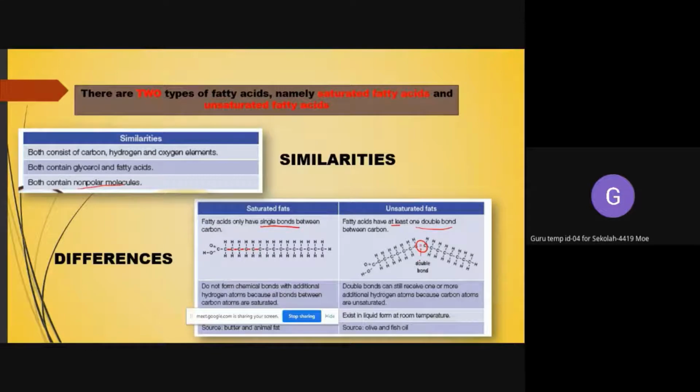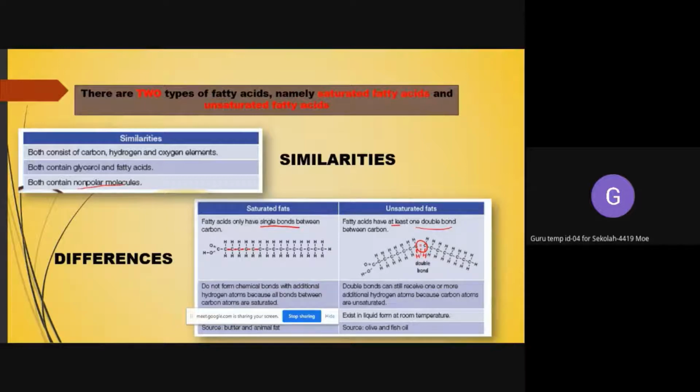Berbanding dengan unsaturated fat, double bond can still receive one or more additional hydrogen atoms because carbon atoms are unsaturated. Sebabnya bila ada hydrogen atom yang lain, double bond ni akan berpecah. Ni untuk penambahan hidrogen atom yang baru. Macam tu. Contoh macam tu lah.